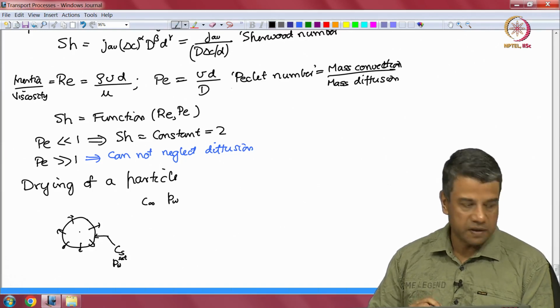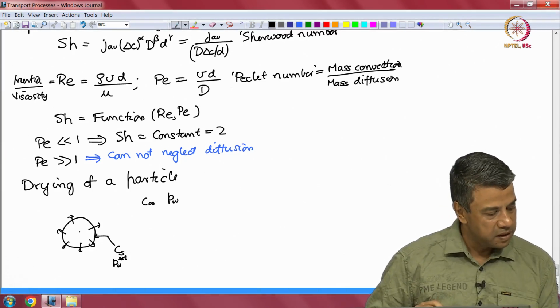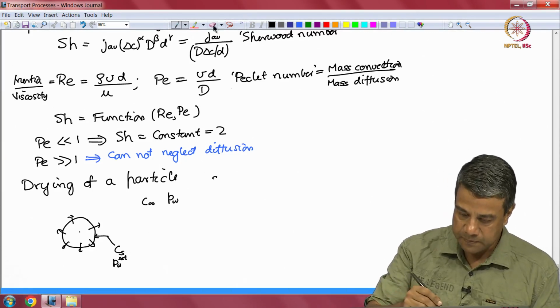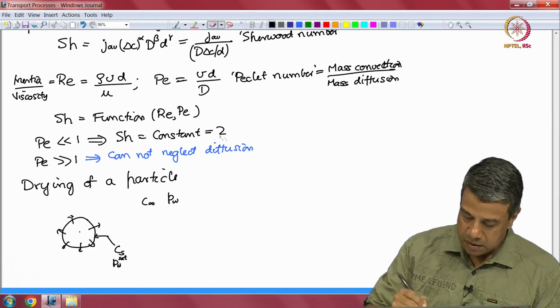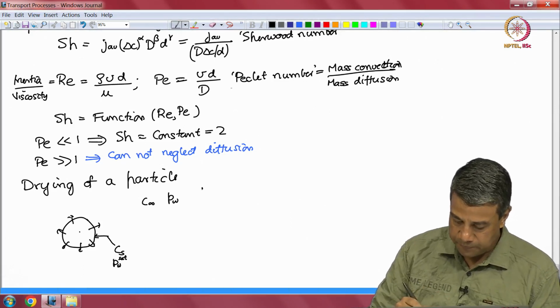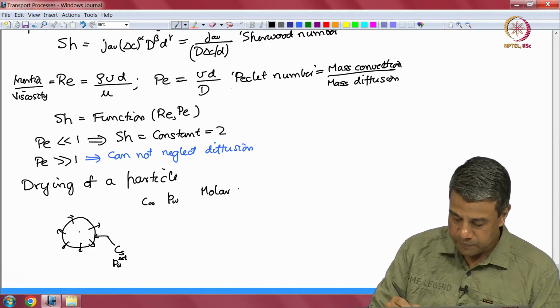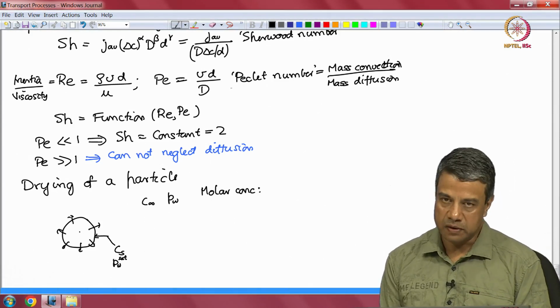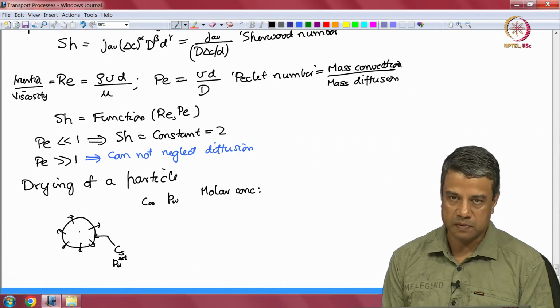And we can easily convert this into a Sherwood number correlation just by realizing that the concentration, the molar concentration, or number of molecules per unit volume or number of moles per unit volume.